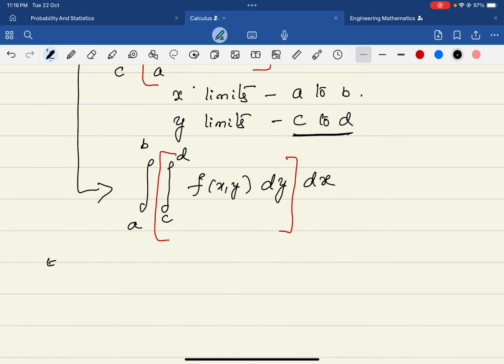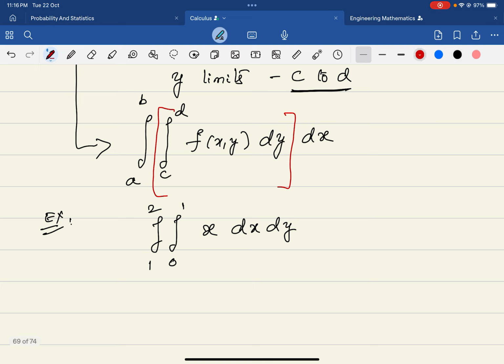I will just take an example now. For example, the double integral of x dx dy, where the limits of x are from 0 to 1 and the y limits are from 1 to 2. Let us do this integration. First, integration with respect to x.